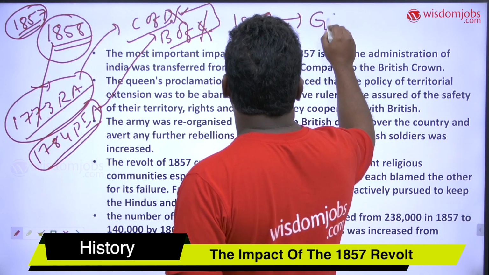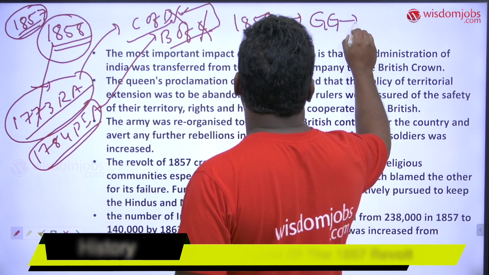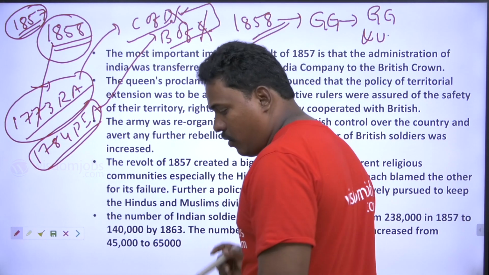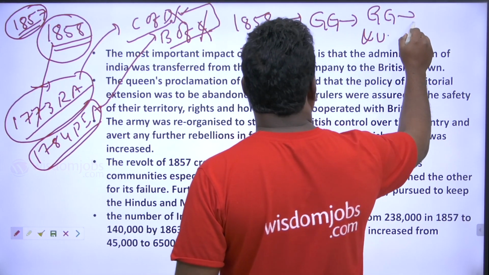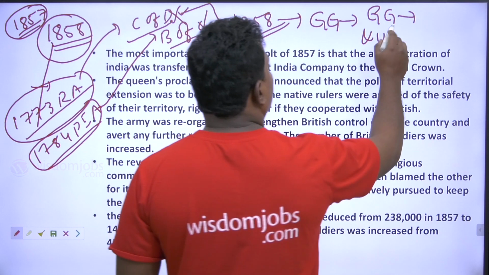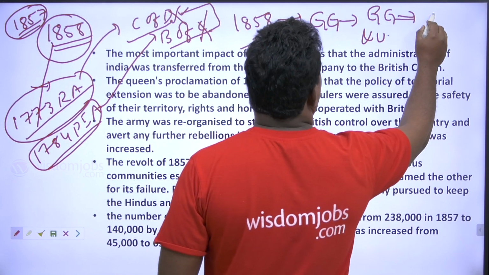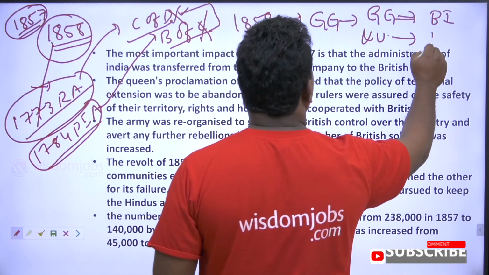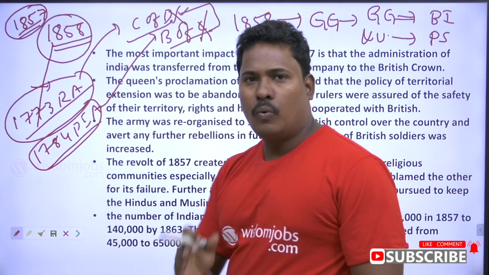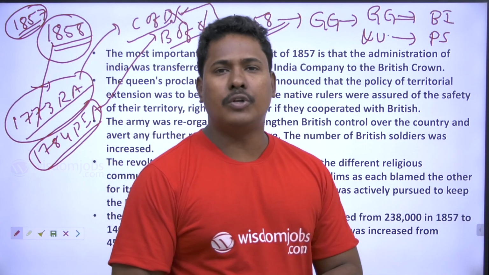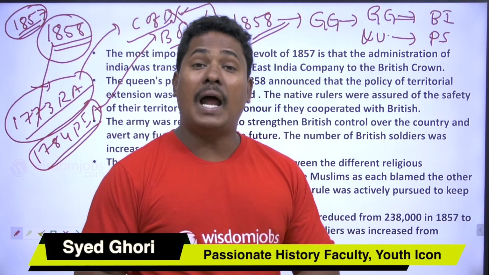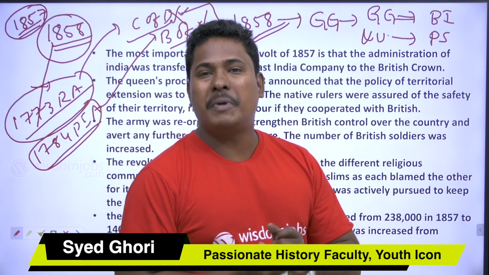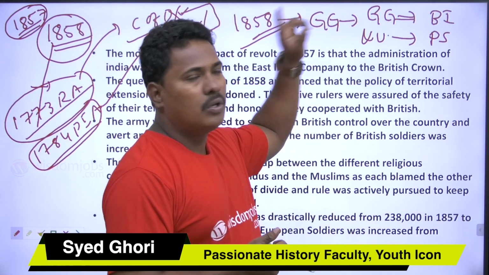The Governor General was designated as Governor General and Viceroy. As Governor General, he dealt with British India, while as Viceroy he controlled the administrative affairs of the princely states. One and only person, but two responsibilities were given to the Governor General.